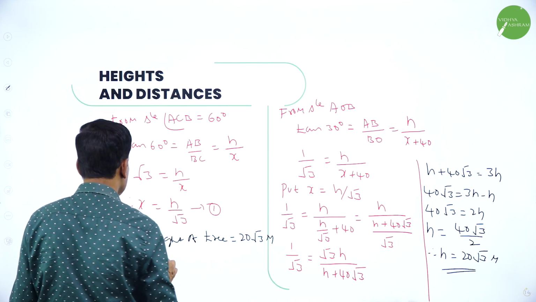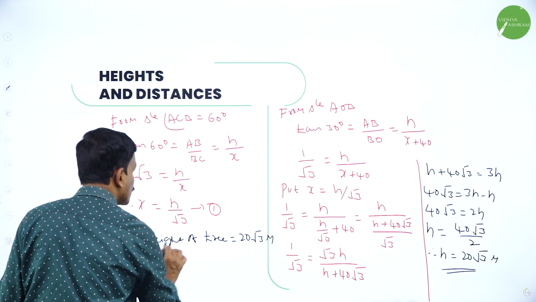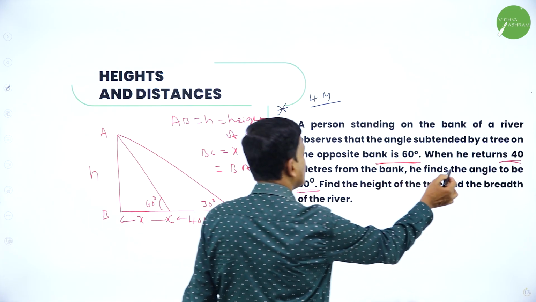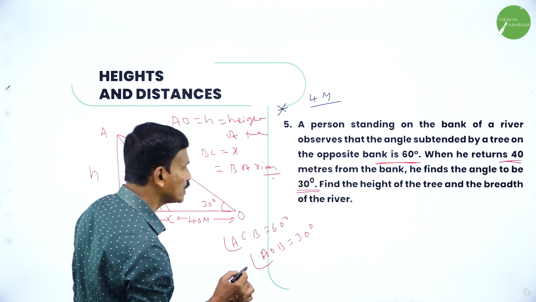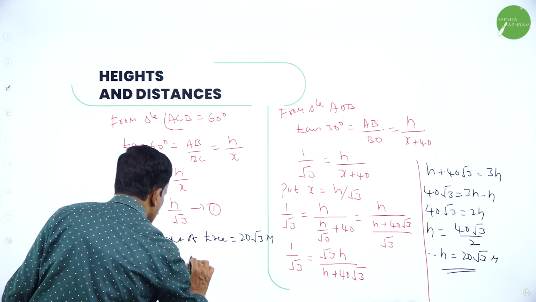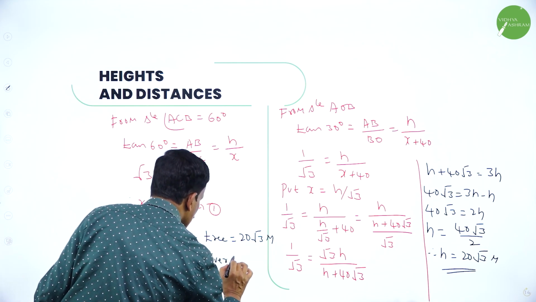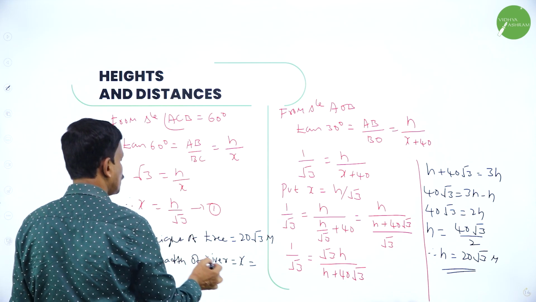Then what is X? X is nothing but the breadth. What is to be found here? The height of the tree and the breadth of the river. The breadth of the river is X. What is X? X is equal to H by root 3.